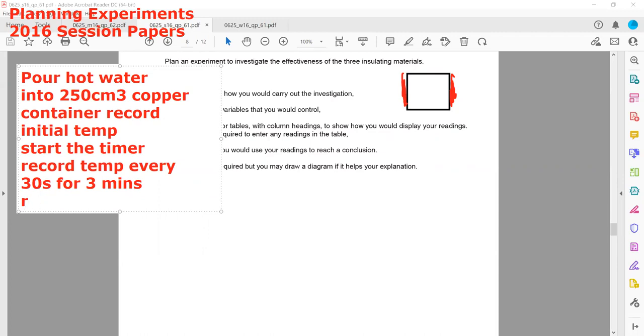Because we are finding which is the most effective insulation, the effectiveness of insulation, we'll take a copper container and place insulating layer 1.